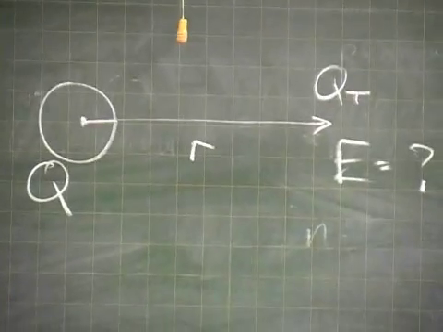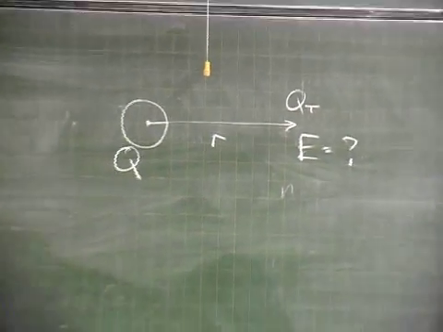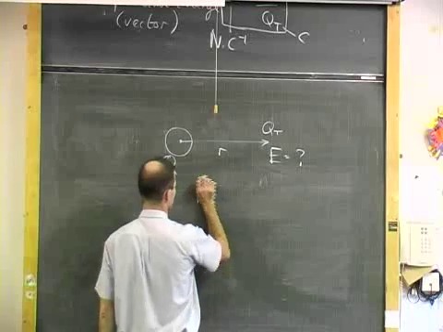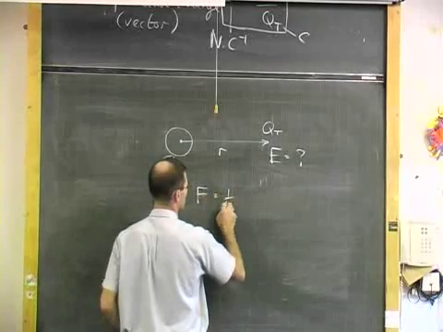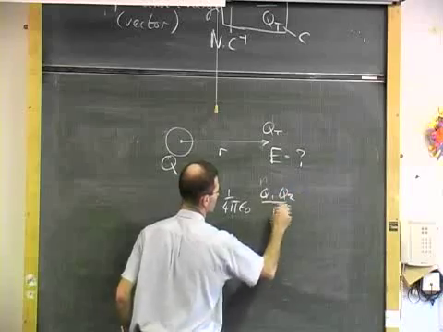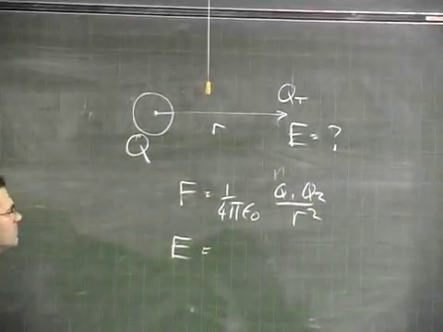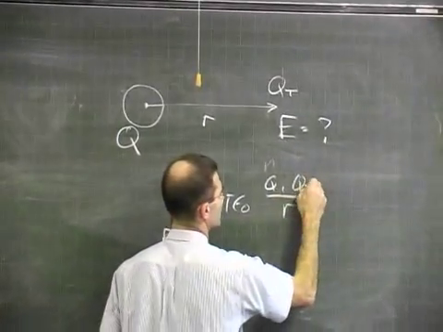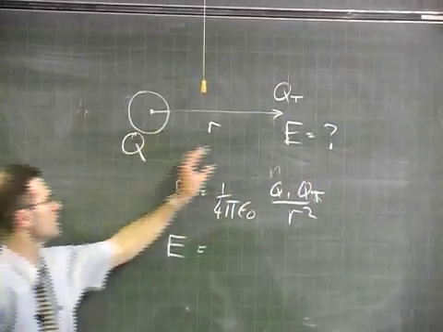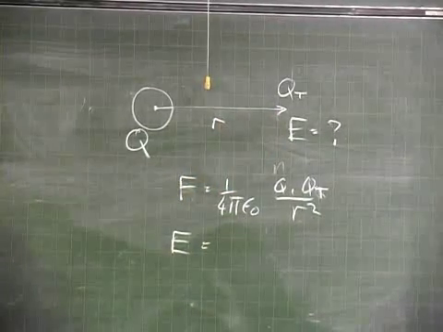What would the electric field be because of that particular distance there? The force between the two is 1 over 4 pi epsilon naught Q1 Q2 over r squared. But what would the electric field be? So remember, Qt is just a test charge. It doesn't have to be there. What would be the electric field?